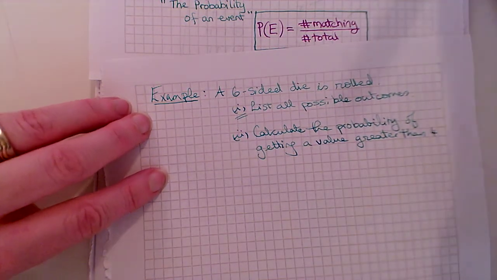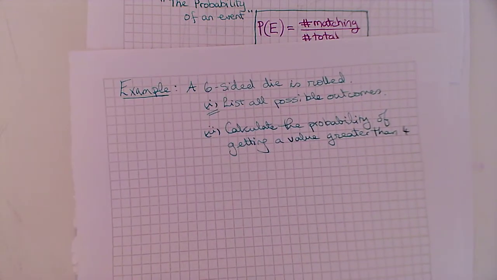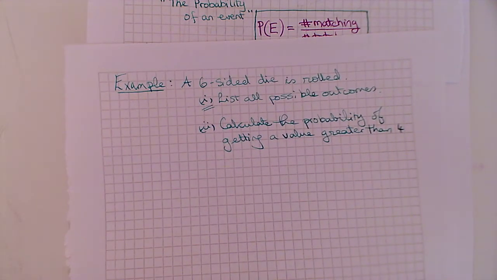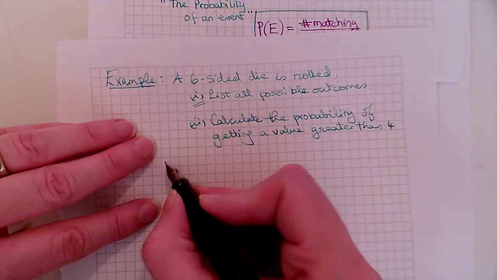As a reminder, do we include 4 when we say greater than? We don't, right? That would be greater than or equal to. So we're not going to include 4 when we list the things that are greater than 4. Okay, let's do the answer.